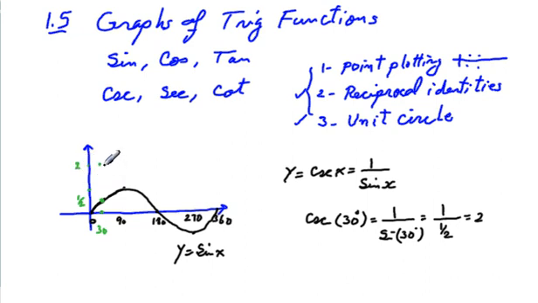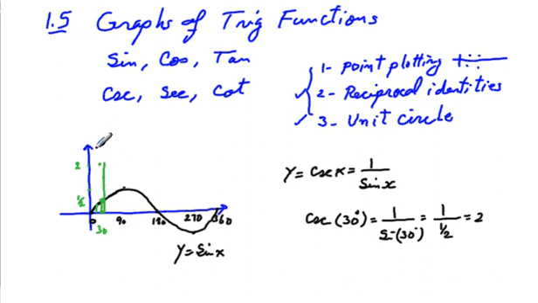Let's see if you understand what happened here. This is the height of sine. The height of cosecant is the reciprocal of the height of sine. So if this is 1/2, that has to be a 2. If I was at 1/3, what would be the corresponding point up here?